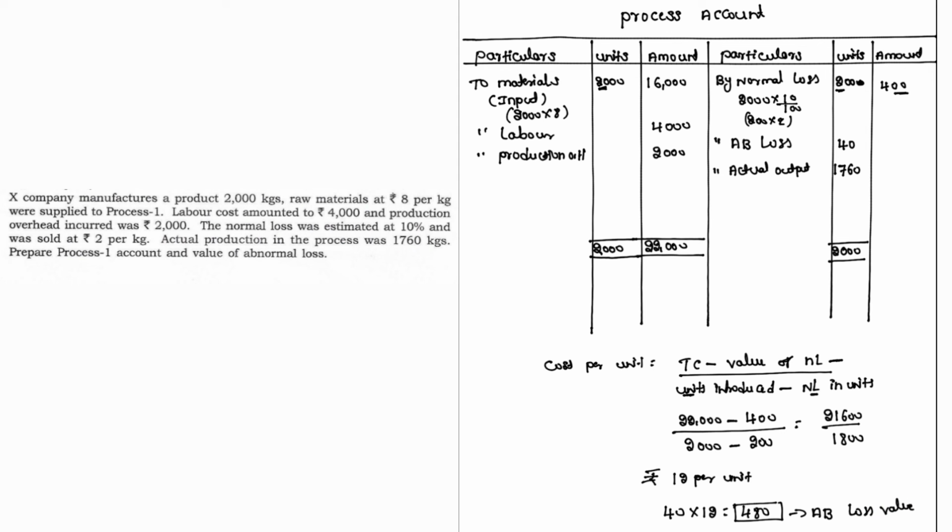So abnormal loss value is 480 rupees. So now take the balance. So 22,000. If you take the balance, you'll get 2,000. If you take the balance, 21,120.